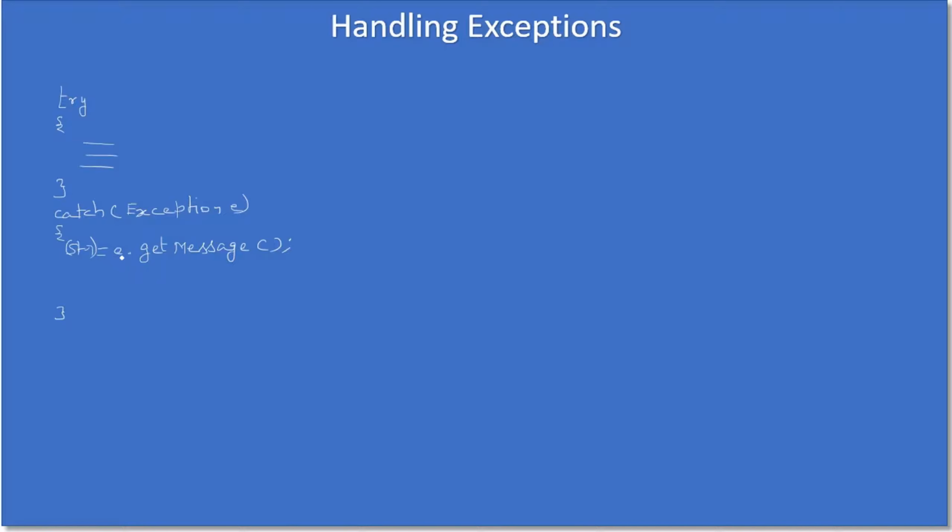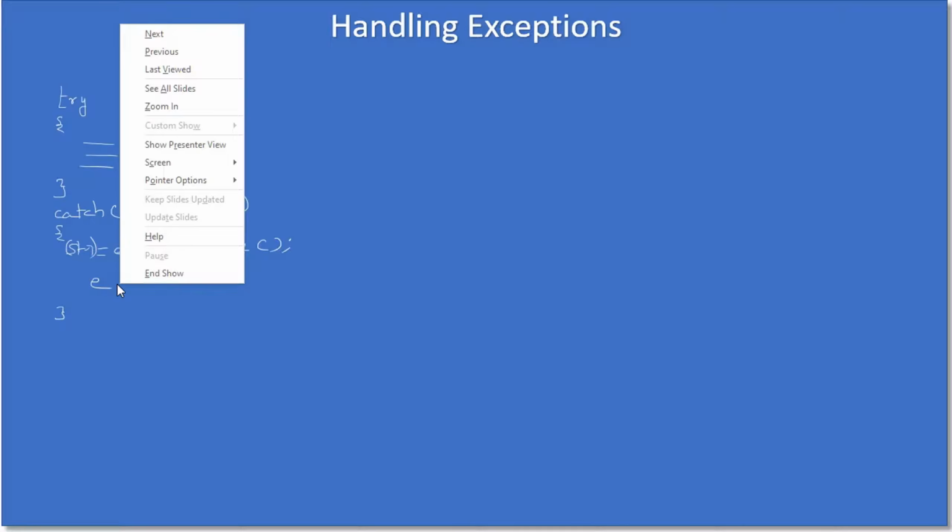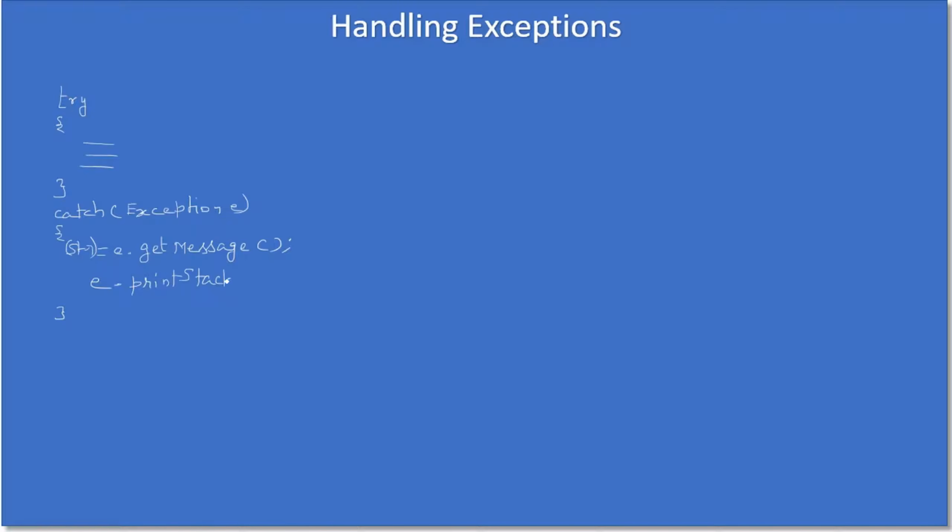If you want to print the stack trace, you can use the same exception object. It can be any exception object: e.printStackTrace. Here you can pass the output stream object. We know that response.getWriter will return a PrintWriter object.